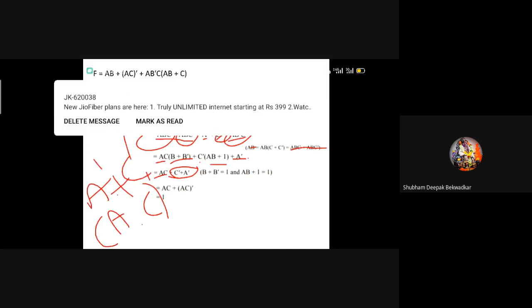Understood this numerical, everyone? Okay then, do you want still some more numericals to be solved, or is it okay if I give you it as homework?